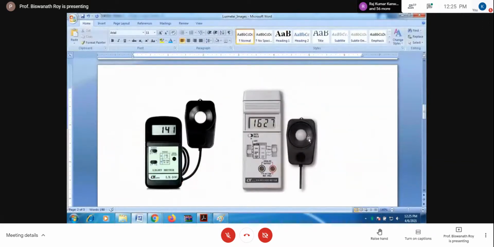Now, wherever we are going to measure the light, we need to place it. And attention should be taken that there should be no obstruction of light reaching the sensor. Because if there is any obstruction in the path of the light coming to the sensor, then the value available through this measurement is not the actual value. Okay? So this is lux meter.